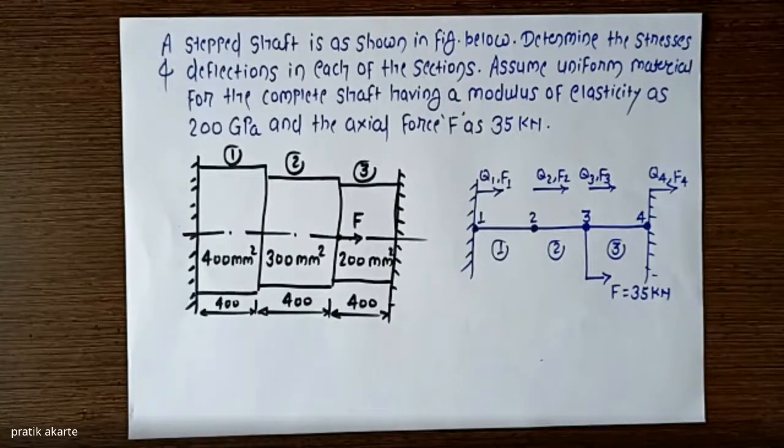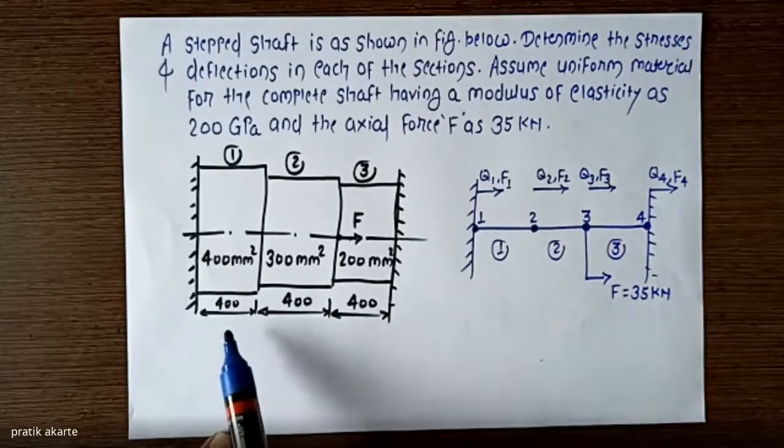That means we know more about the boundary conditions, and it will make our problem solution simpler, because it's obvious that once you know something more about some system or some object, or any entity, it will be easy for you to describe or analyze that entity or that particular system. So let us start solving this problem.